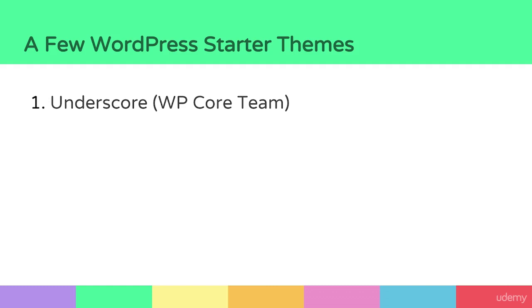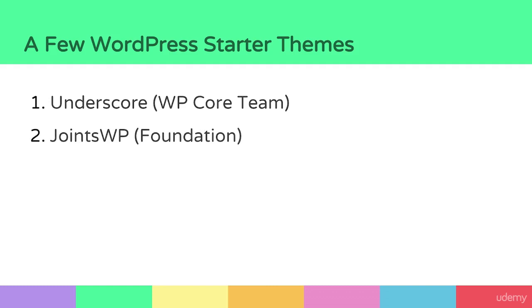So the people who build the core WordPress themes that get bundled with WordPress, what they do is as they build these new themes each year, new one comes out each year, they start with Underscore as the starter theme, and then after they build the theme, if they find helpful things, they'll contribute those back, so Underscore keeps improving. And it's probably your number one go-to place for a good blank solid starter theme. It's been vetted, it's got some best practices in there for accessibility, really solid starter theme.